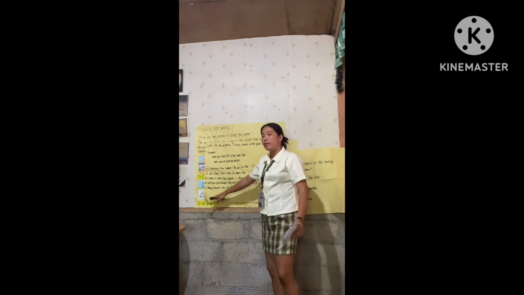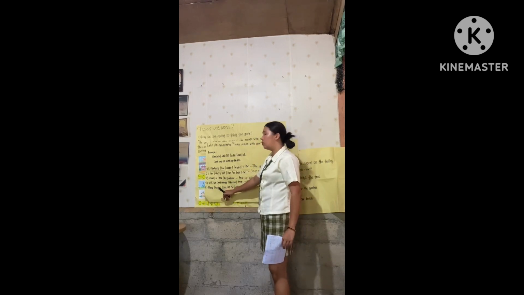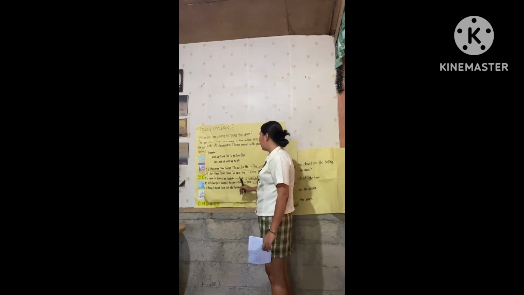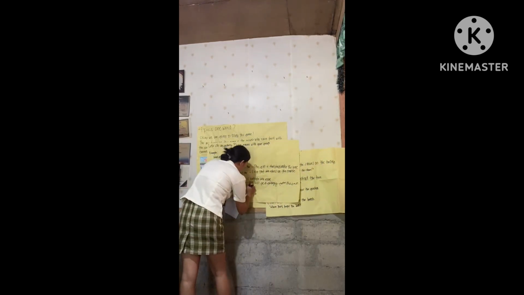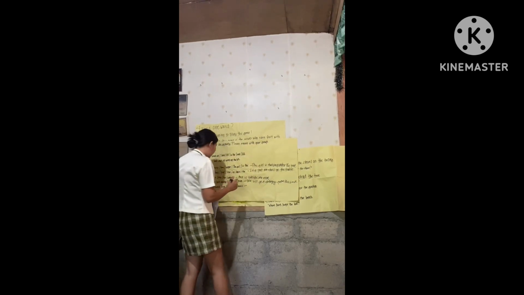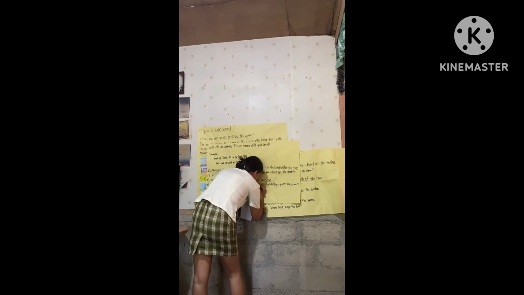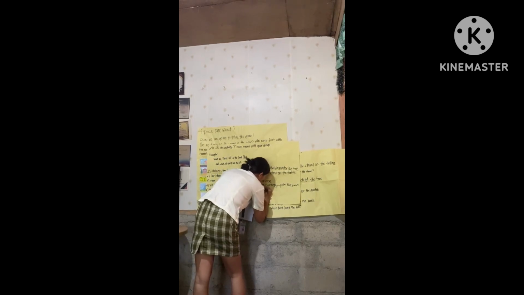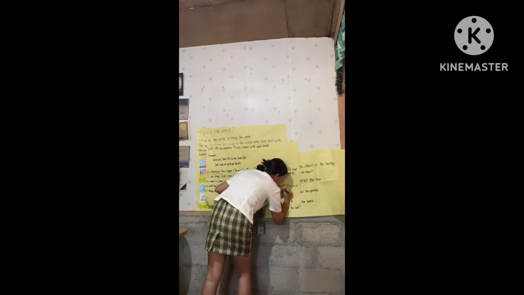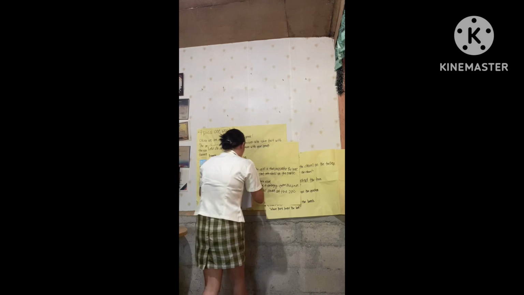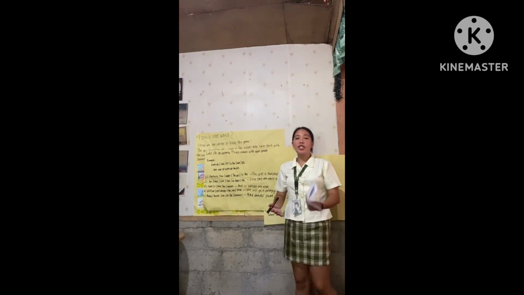The last one is: many, fun, zoo, at the, animals. Okay. So, what is that when we form it into a sentence? Many animals found at the zoo. Okay. Many animals found at the zoo. Okay, very good, children. Give yourself a hand of applause.